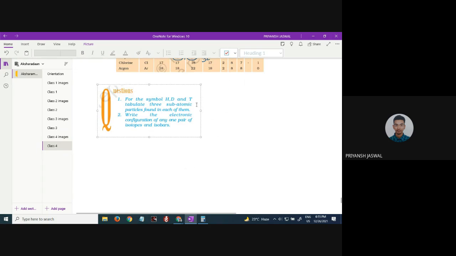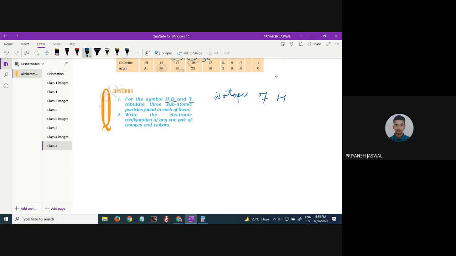For H, D, and T, tabulate the 3 subatomic particles found in each of them. H, D, and T are basically the isotopes of hydrogen. H is protium, so 1H1. D is deuterium, 1H2, and T is tritium. Write like this: proton, neutron, and electron.